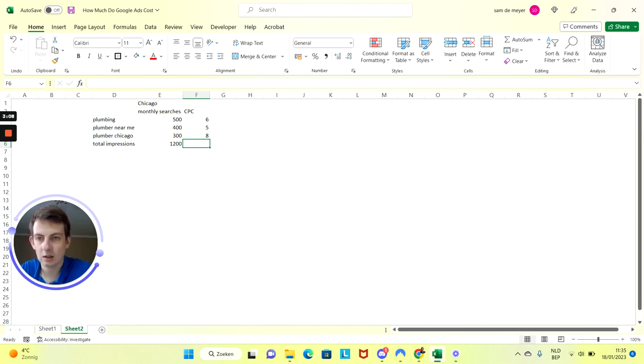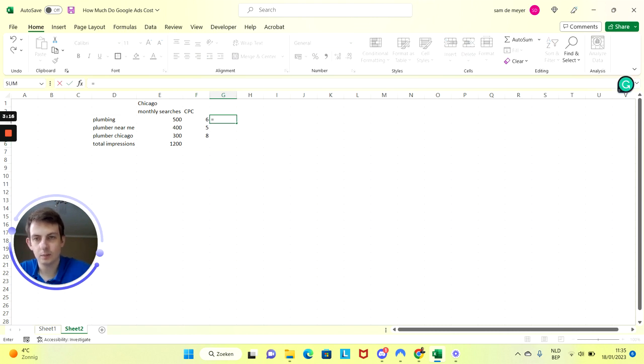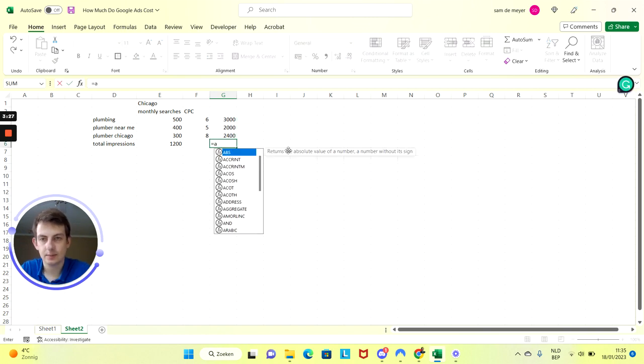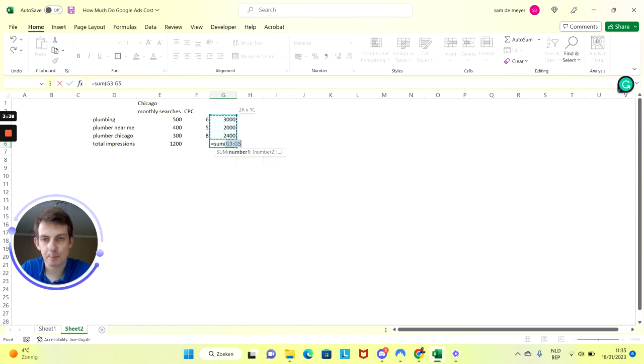The way you calculate the average cost per click is, I do 500 monthly searches times 6, and you add this all up and divide it by the total impressions.